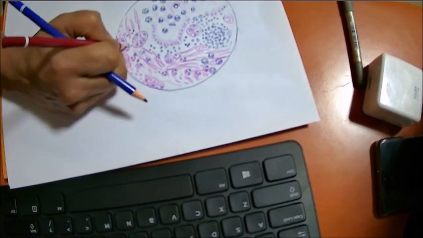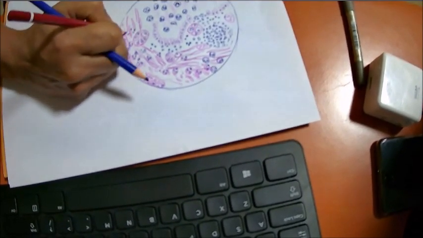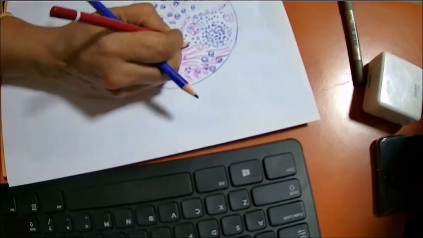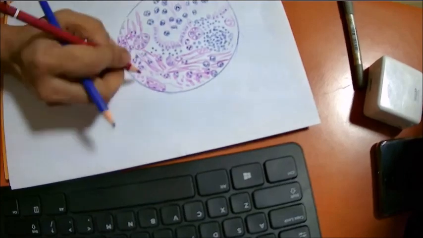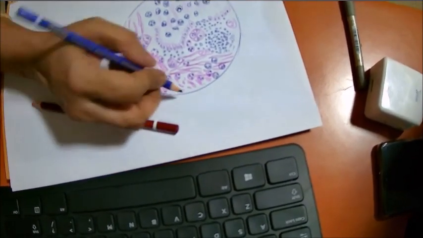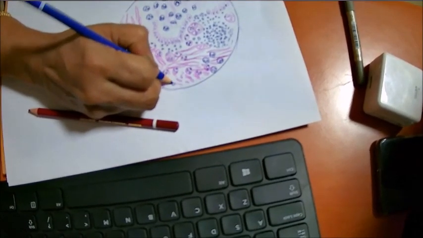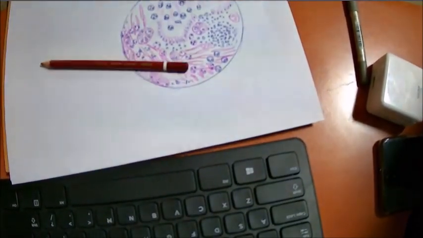Yes, in the serosa also you can draw a few neutrophils. Yeah, write along. You people should write along with me.